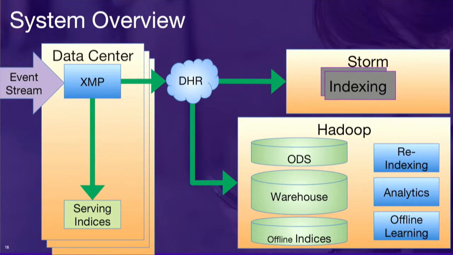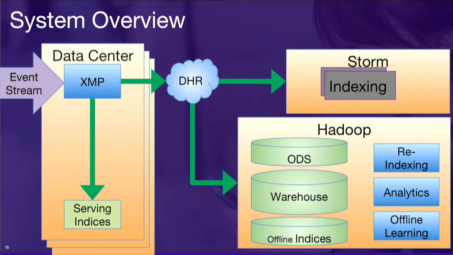The blue boxes here show various workloads that run on our systems. One of the workloads which is not highlighted here is the incremental indexing workload, which works off of ODS. There are also re-indexing workloads, which could be triggered either by new algorithms or rules that might demand us to go back and reprocess the old data, but also by any bugs that might have been discovered in the earlier indexing approach.